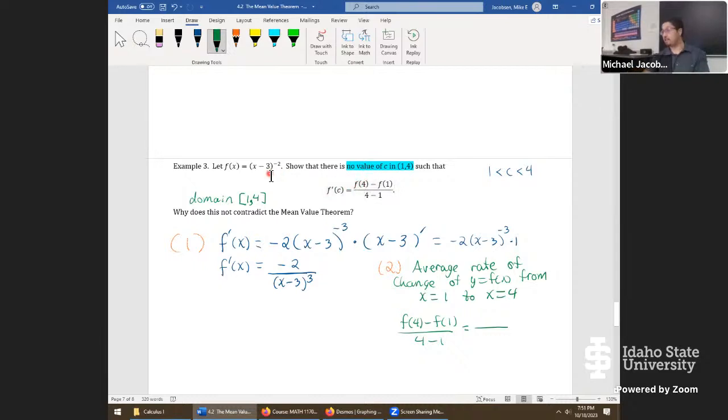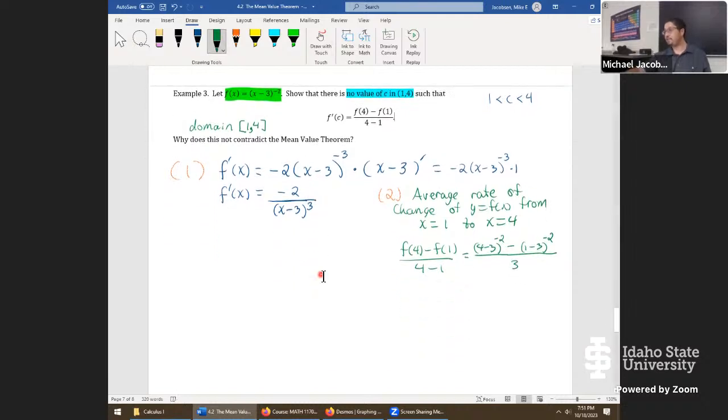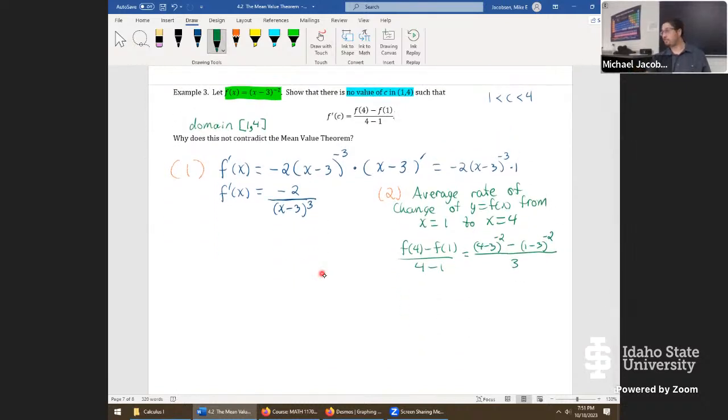So we go back up to the top here. It might not be a bad idea to code it in green just to be careful with it. So this will be 4 minus 3 to the power of negative 2. That's just 1 to a power, so it's a glorified 1 altogether. Minus f of 1, that's going to be 1 minus 3 to the power negative 2. That's something we actually have to calculate. Divide by 3. So that's where the problem sits so far.